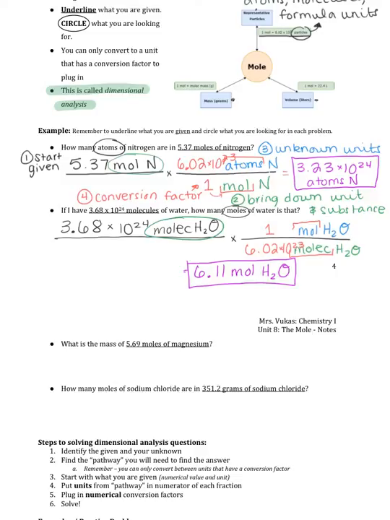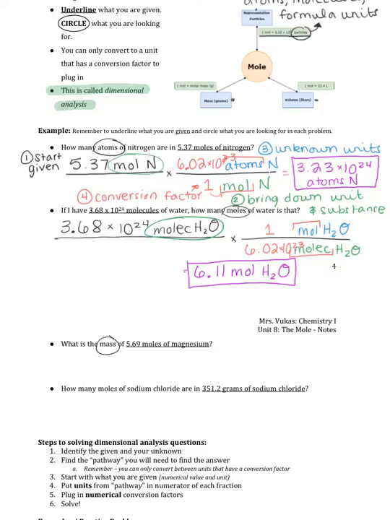Now, on the next page, so you're going to be on page 5 of your notes, but I'm going to leave this a little bit different because I still want to show you a couple things on this chart while I talk. So this next problem says, what is the mass of 5.69 moles of magnesium?